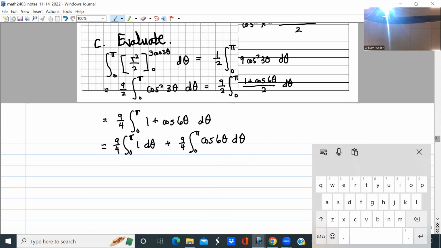Yeah, another substitution, right? Because I can find the antiderivative of cosine of just theta. That's pretty easy. In fact, we've already done that. The antiderivative of cosine of theta is just sine of theta. But here I have 6 there thrown in. So let's do a substitution. But this is a very simple substitution. We're going to let u be 6 theta, which means du d theta is, of course, 6. And that means then that d theta is du over 6.